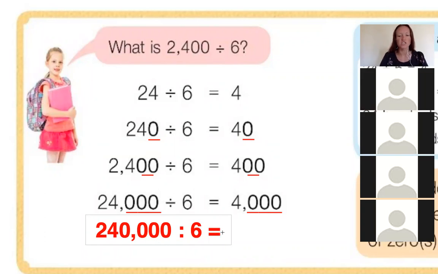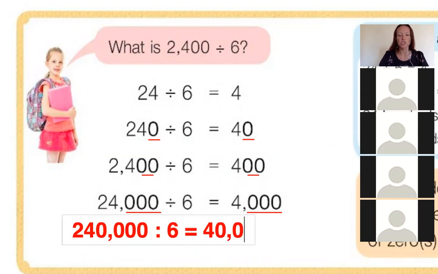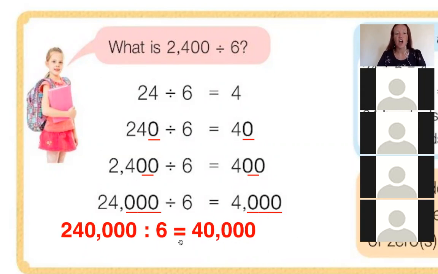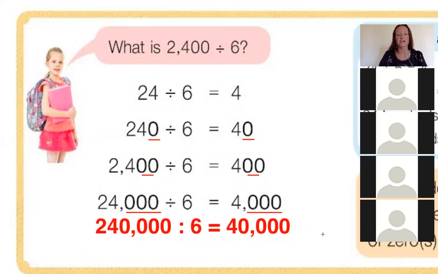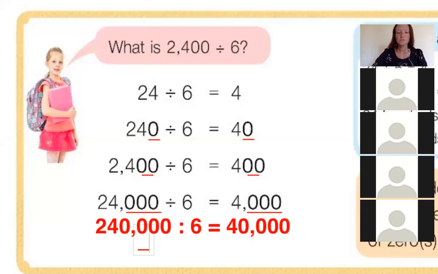So all these 4 zeros we have to transfer. 24 divided by 6 is 4. Good. And here we have 4 zeros, so 40,000. 240,000 divided by 6 is equal to 40,000, because the same 4 zeros we transfer to the quotient.